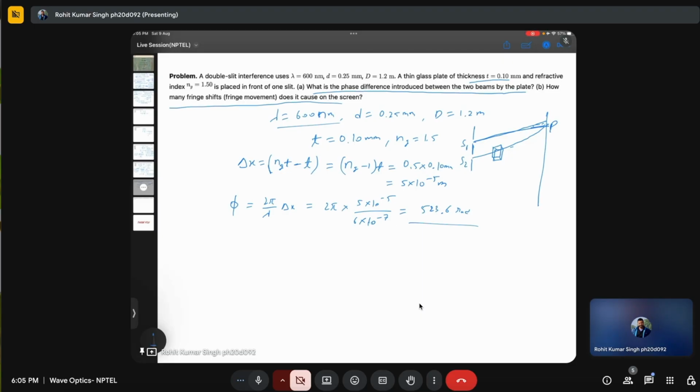So, okay, let me ask. First of all, the fringe width beta is given like this, right? If we keep D and d constant, it is basically dependent on the wavelength of the light, right?